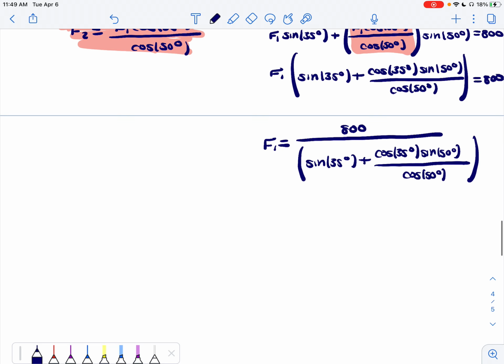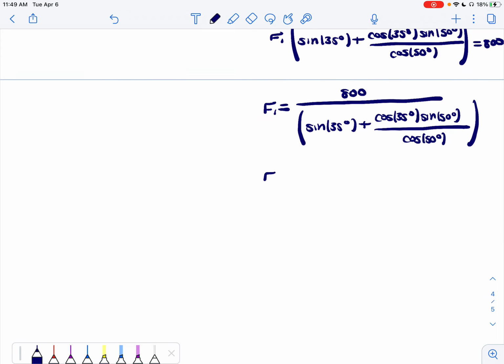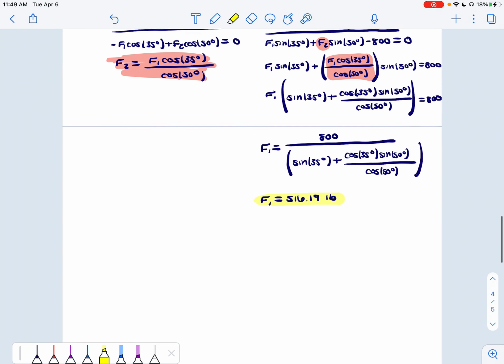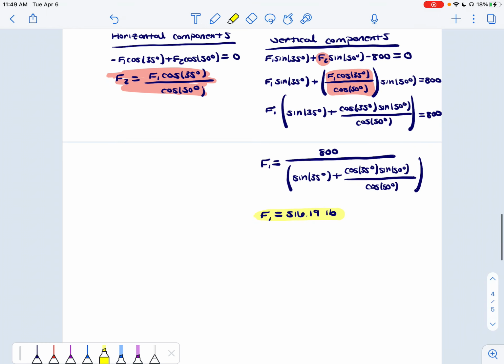Finally, pull out your calculator, throw this in, and we get F1 is equal to 516.19 pounds. That is the force in the cable on the left-hand side. Lastly, we want to solve for F2.